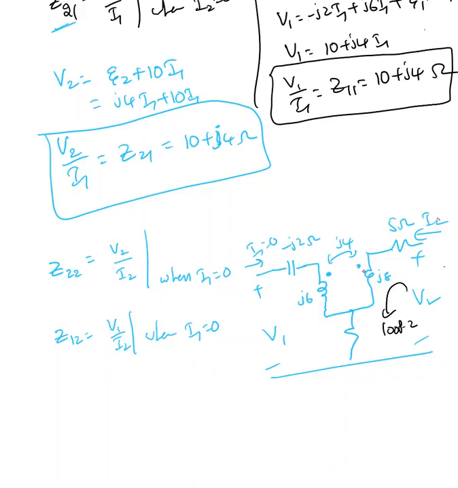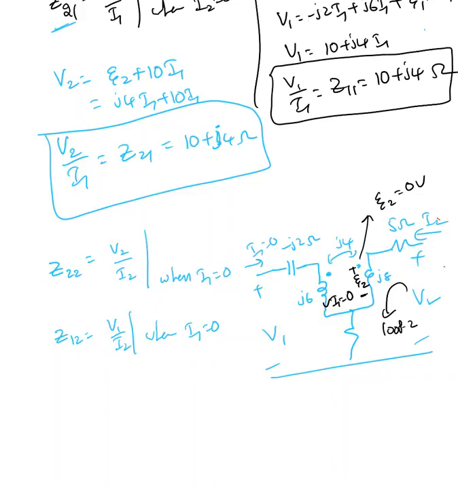Is there any voltage generated across this J8 ohm because of mutual inductance? No, because the current passing through this is 0. So whatever the voltage here, let me label that as E2. So E2 equals 0 in this case. Here E2 equals 0 volt.